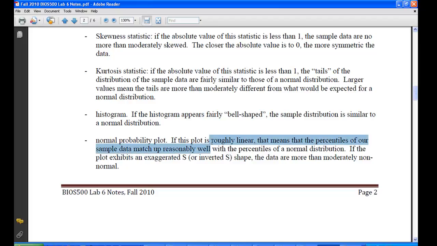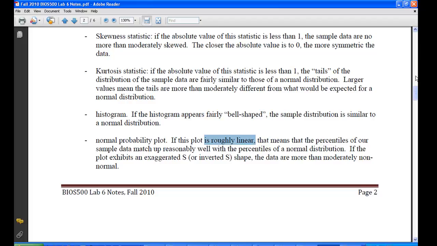Nothing in real life is going to be perfect, so you won't get a perfect straight line, but a roughly linear plot makes you feel like things are looking roughly normal. The more exaggerated an S shape you see in the plot, or not just an S shape, but any curvature, the more you start to worry that the data aren't that well matched up with a normal distribution, and so the normality assumption is not met.